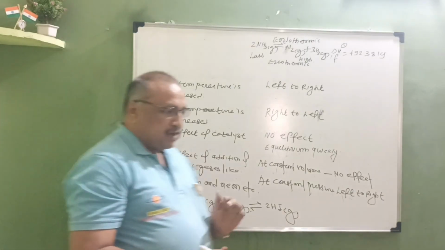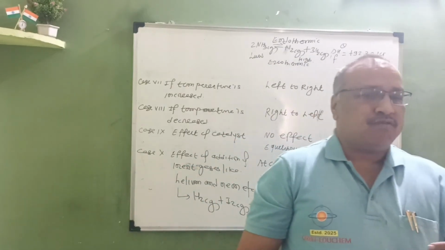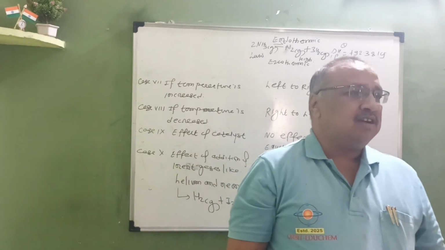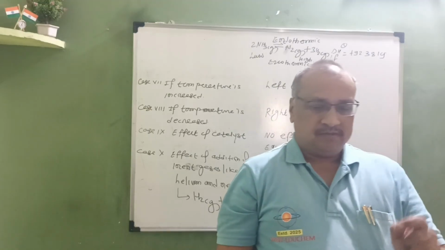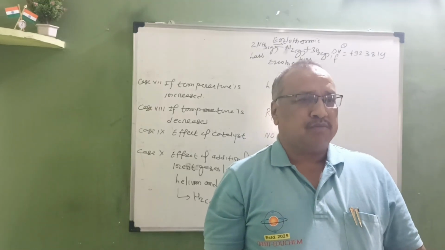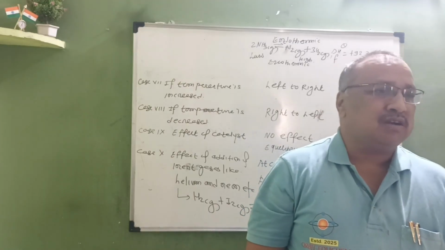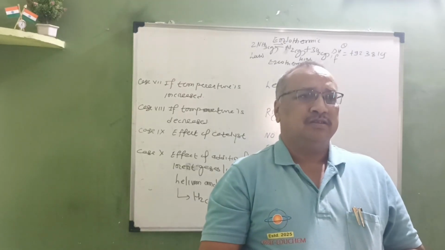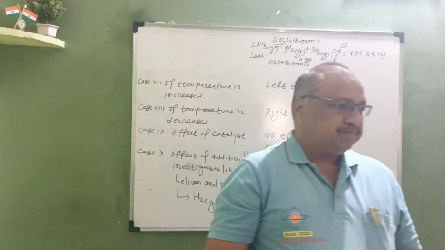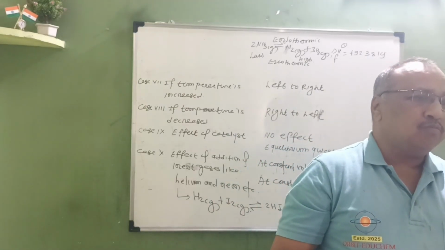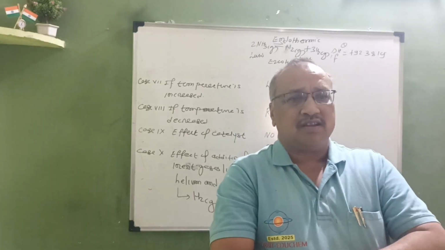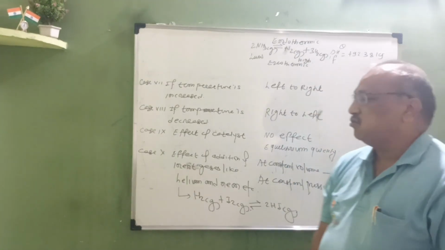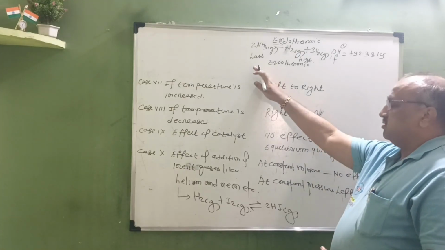That means effect of pressure and effect of volume is also considered only when the number of moles of gaseous reactant is not equal to the number of moles of gaseous product, but pressure and volume do not have any effect on the equilibrium if number of moles of gaseous reactant is equal to number of moles of gaseous product.